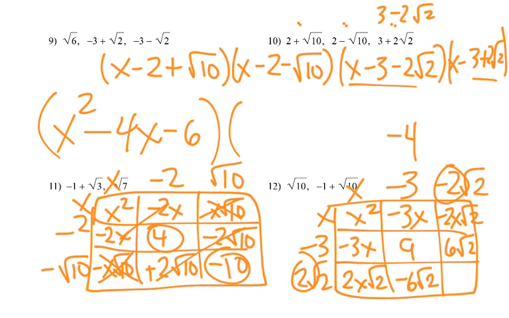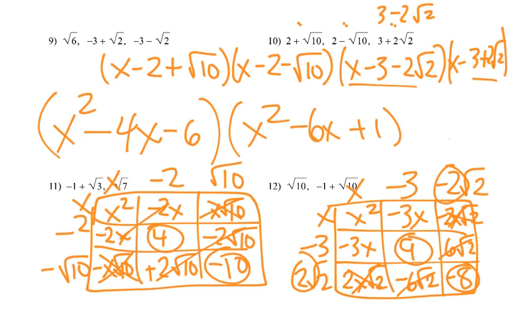Square root of 2 times square root of 2 is 2. Negative 4 times 2 is negative 8. So those cancel. Those cancel. 9 minus 8 will give us a positive 1. So we have x squared minus 6x plus 1.